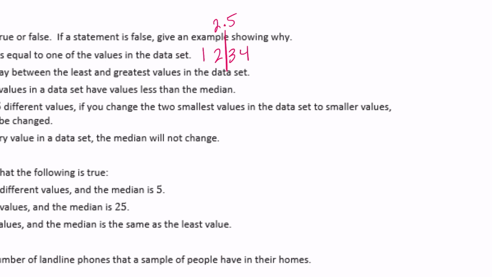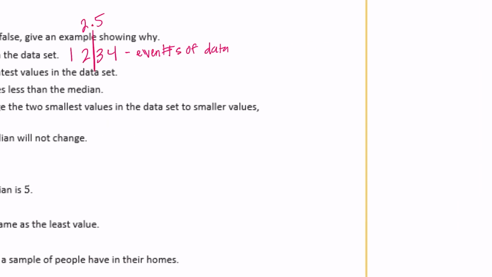That makes sense. So let's say an even data set, even numbers of data don't have a middle number, and you have to find it.